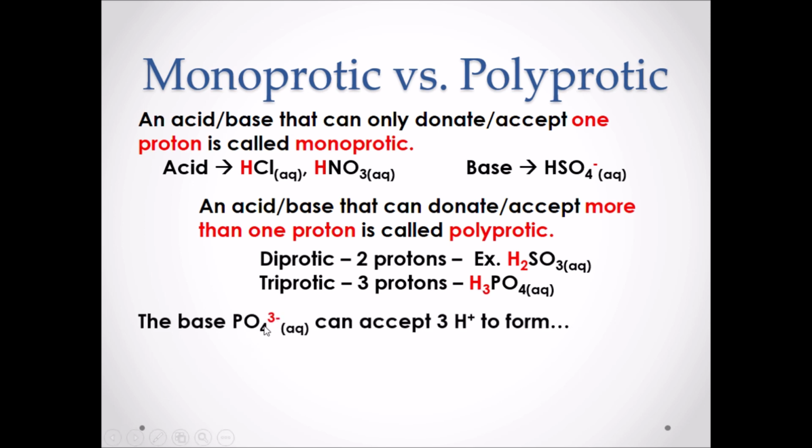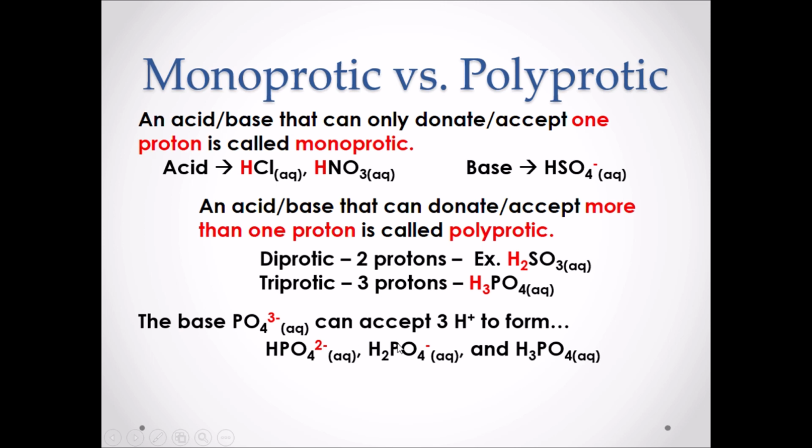Bases that have a negative charge greater than -1 can accept more than one hydrogen. Therefore, they can be considered polyprotic. For example, PO4 3- can accept up to 3 hydrogen ions. Once it gains a first hydrogen ion, it becomes HPO4 2-.